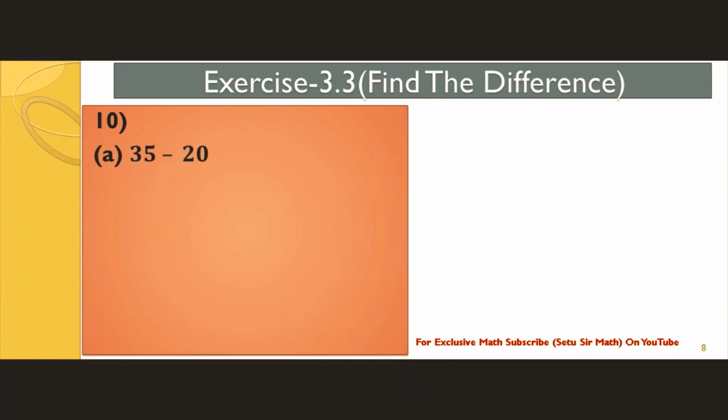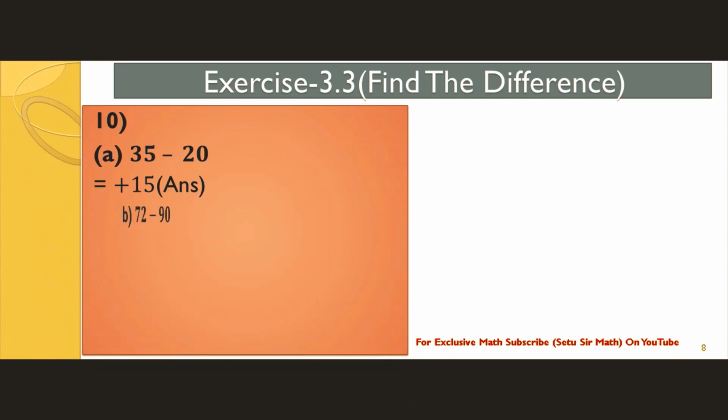Number A, 35 minus 20. So from 35 we have to subtract 20, and this is the answer, plus 15. Why is it plus in here? Because the bigger number's sign is plus in here, and we will do subtraction because plus and minus, that would be minus. So plus 15 is the desired answer.